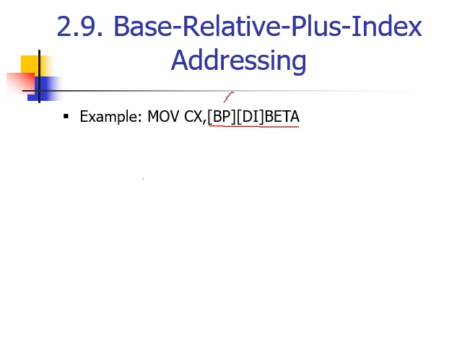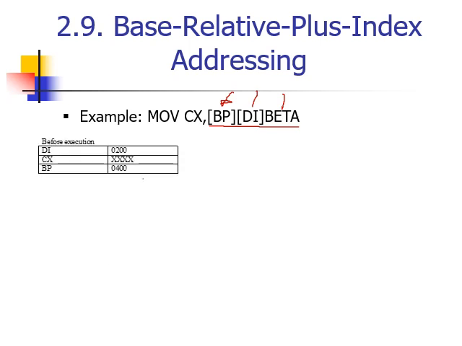This array is inside some file whose starting address is BP, and this is the starting of the array element, and this is the specific element we need to access from this array. So you go to SS times 10 plus BP plus DI plus beta and plus beta plus 1. Before execution, this is your BP and this is your DI.